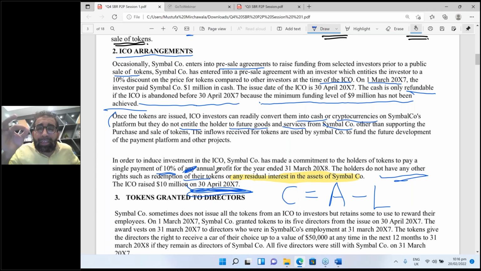So my dear, the token holders have no rights in equity as well. There are no rights in residual interest in the assets of symbol company. So this is not equity and this is not debt.